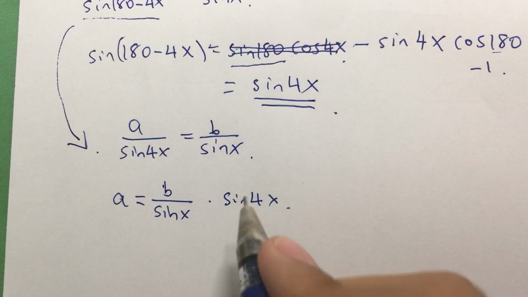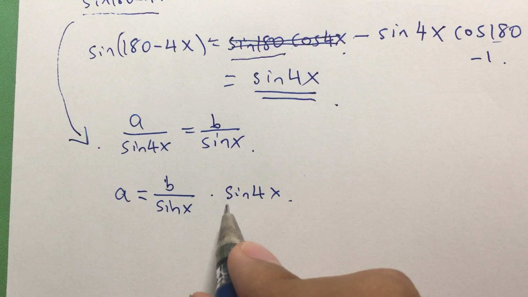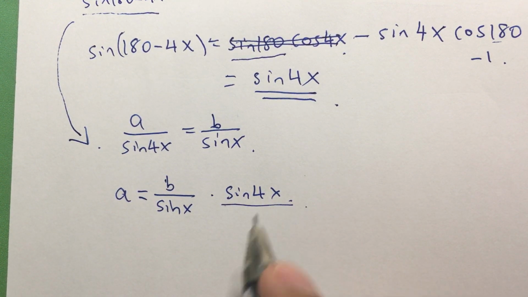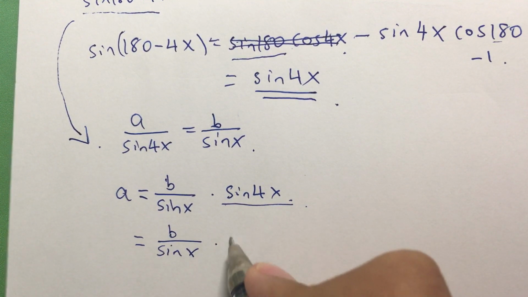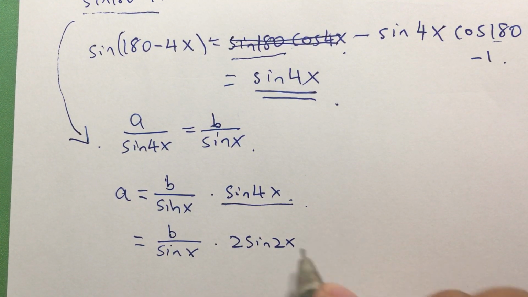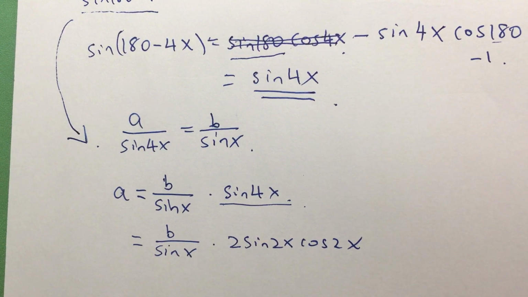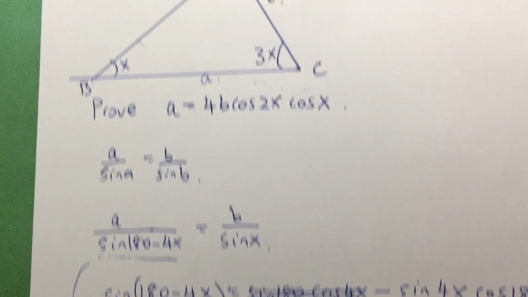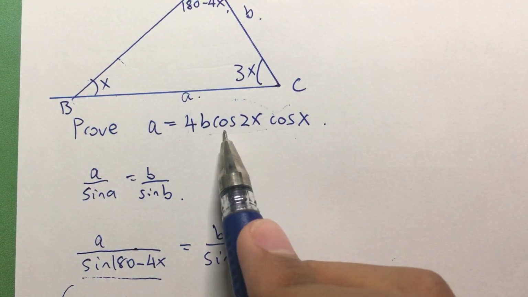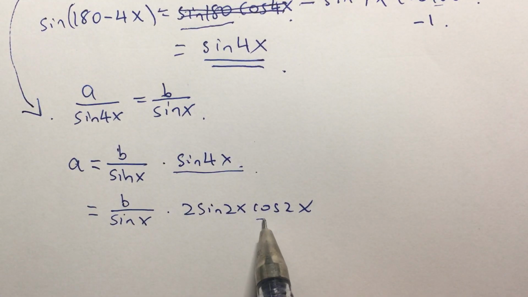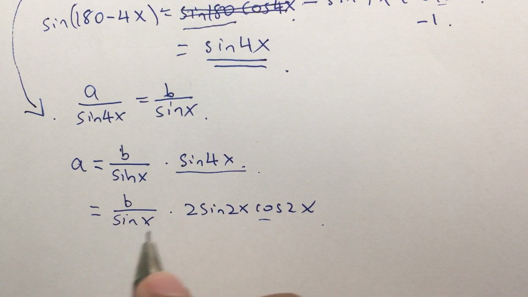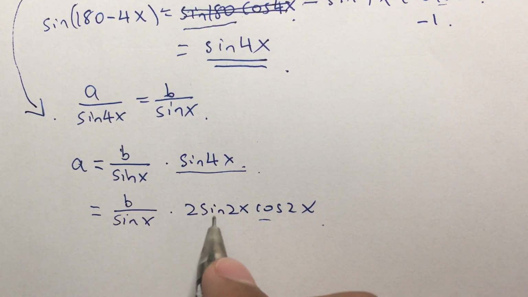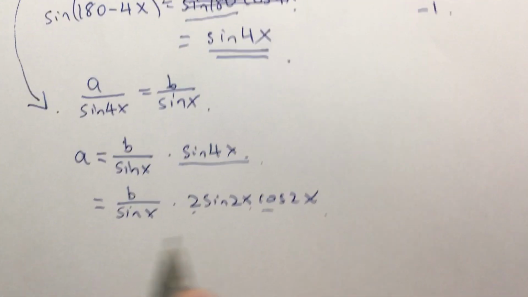Now let's use the double angle formula to simplify sine 4x, which becomes b over sine x times 2 sine 2x cosine 2x. The question needs cosine 2x and b, so we are not going to change cosine 2x anymore. We want to eliminate this sine x, which means we should change sine 2x.